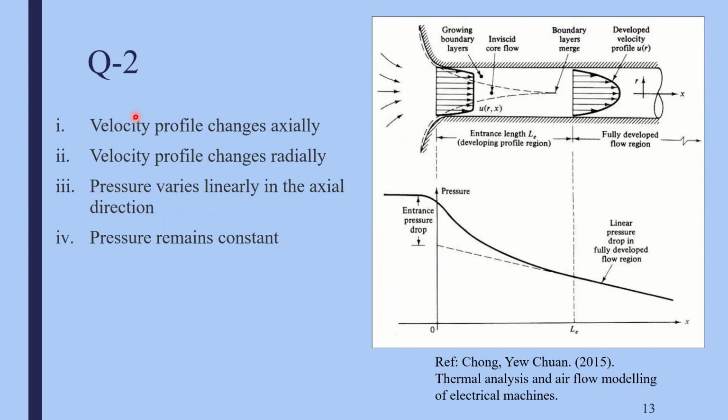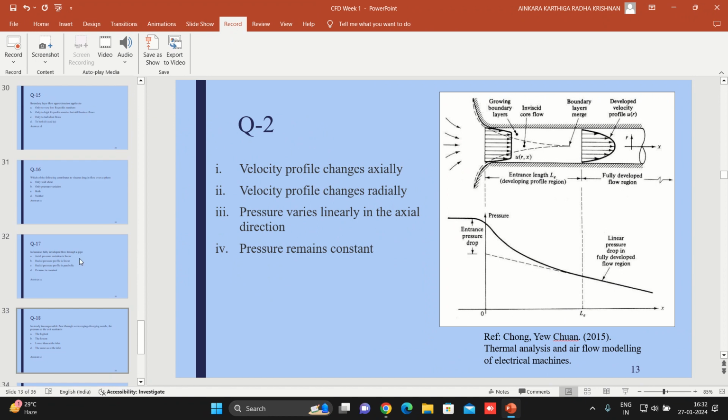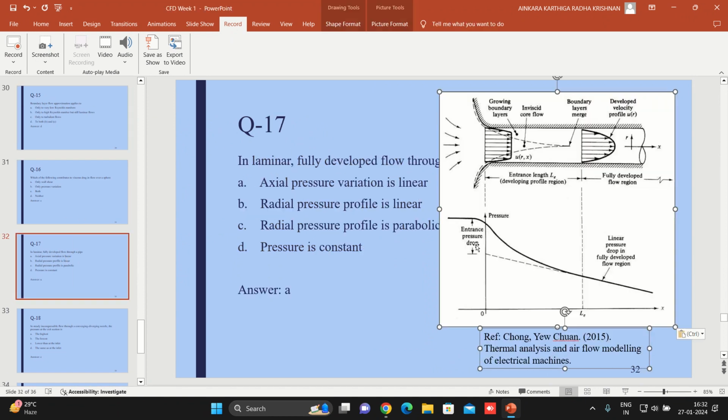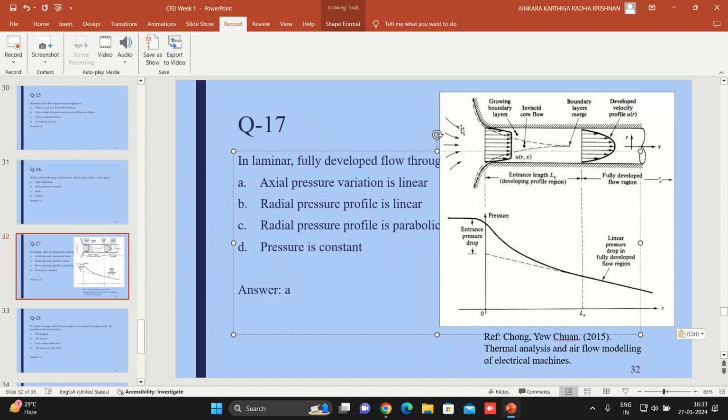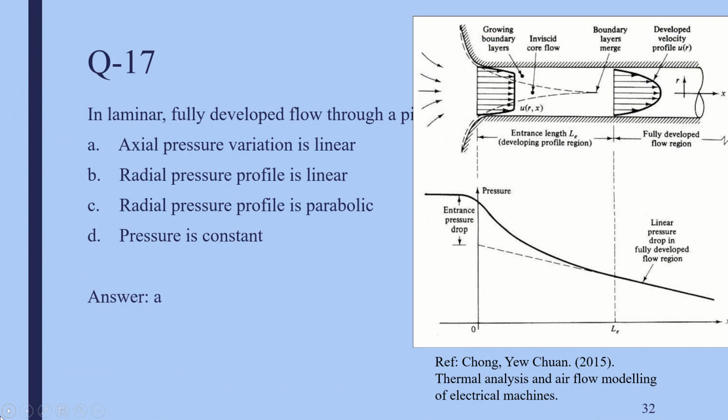Axial pressure variation is linear. As we can see, it is about a laminar fully developed flow.